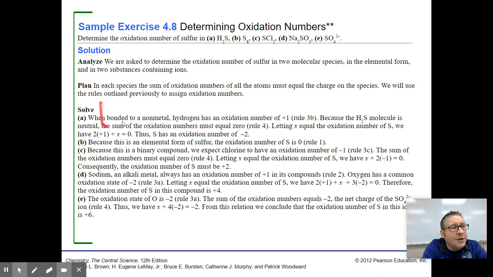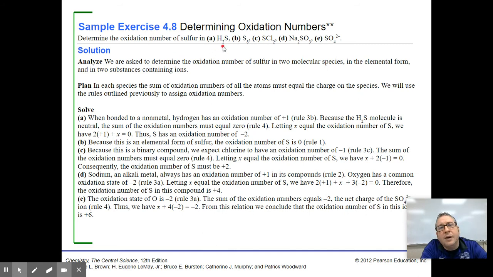So coming down here to the solve, follow my little mouse here. The subscripts in these formulas are going to play a key role, like we saw in the previous sections of this chapter, when you start breaking them down. According to the rules, hydrogen has a +1 oxidation number when bonded to a nonmetal.